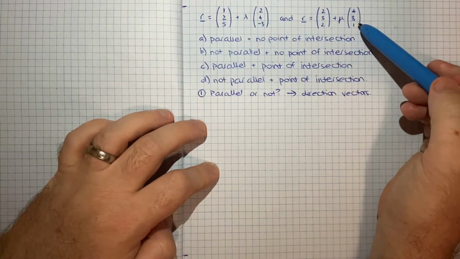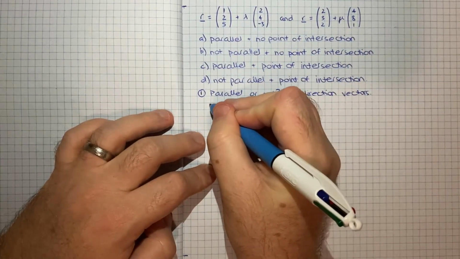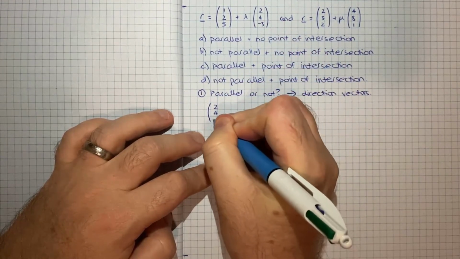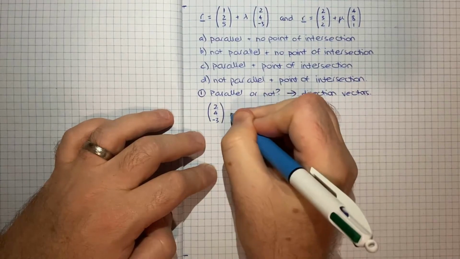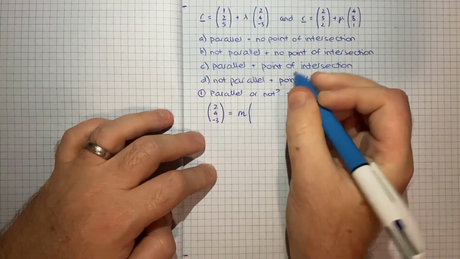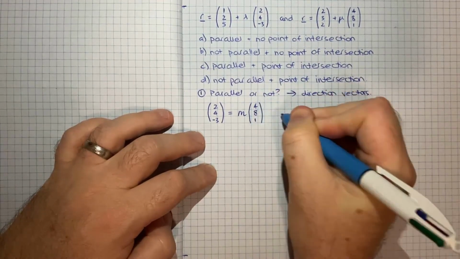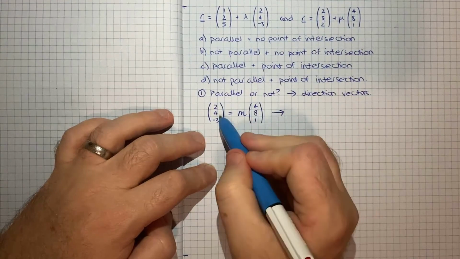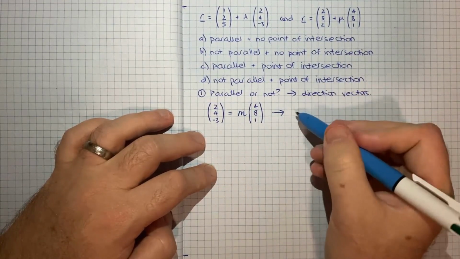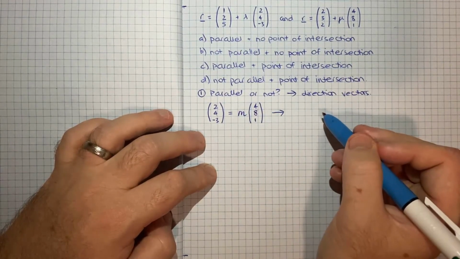Basically, two vector equations will be parallel if their direction vectors are multiples of each other. So one way we can think of that would be, can we say that the first column 2, 4, 3 is equal to some multiple, I'll just use m for multiple, of 4, 8, 1? If we work through each row of these columns one at a time, and there's a consistent multiple m, then we can say that they're parallel.